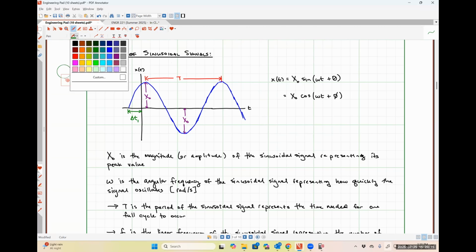So this amount of time would be some delta t2, representing how much our cosine signal is delayed because its peak value is occurring at a later time than t is equal to 0. So our phase angle is related to this amount of time shift that our signal is experiencing.